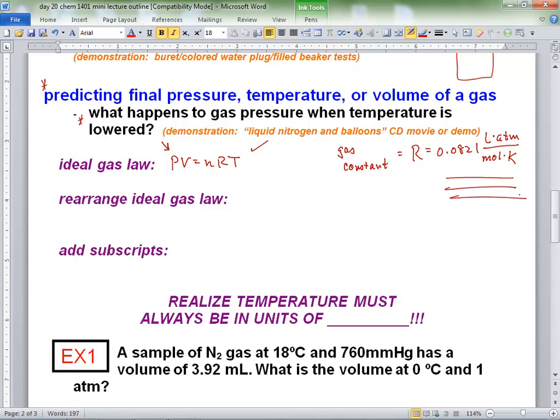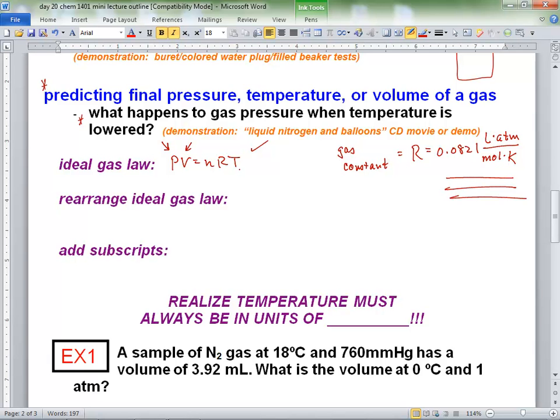It has to be in atmospheres. There are several units of pressure, so you've got to convert it into atmospheres if you're going to use that equation. How about volume? Oscar. Volume is the volume of the gas, and it better be in liters if you're going to use that equation.